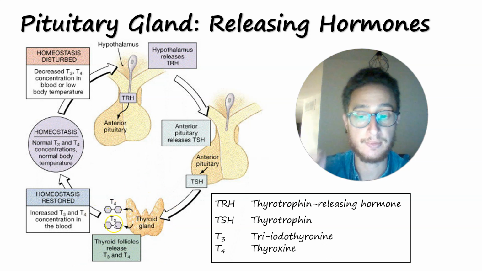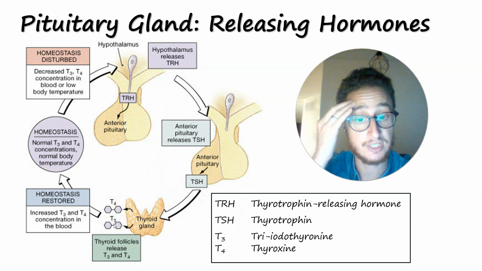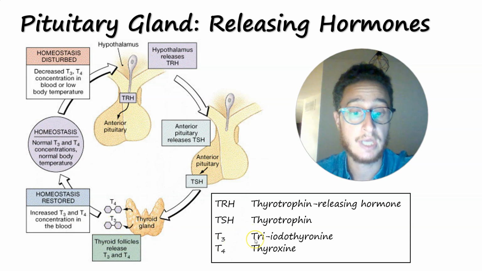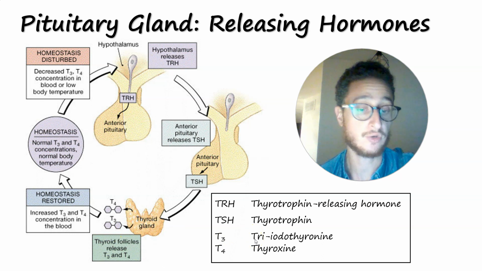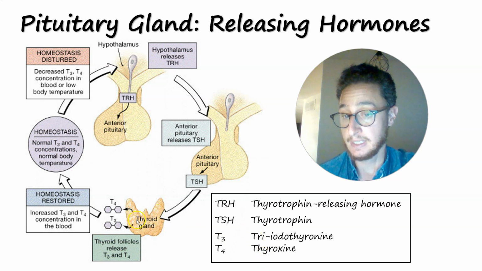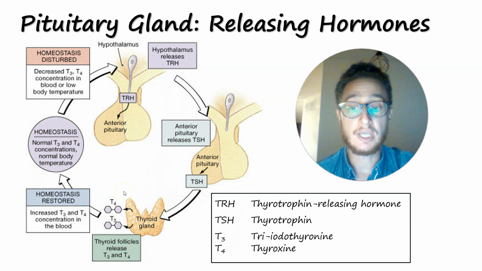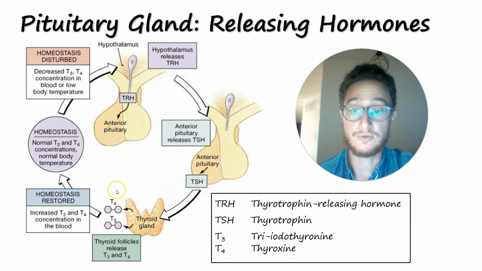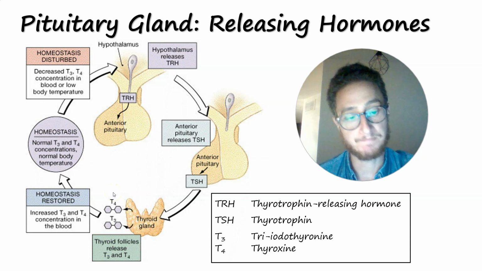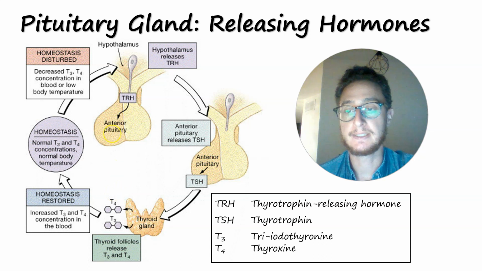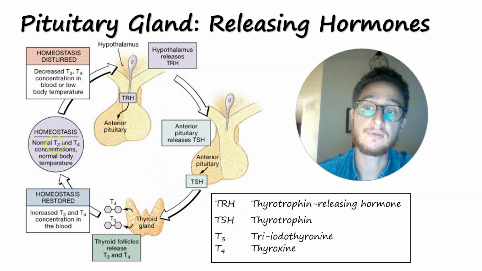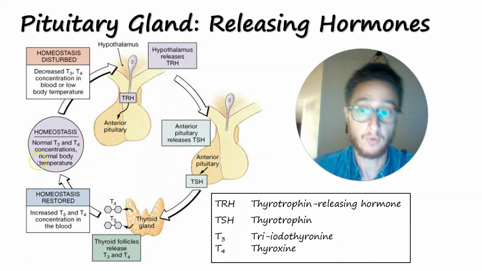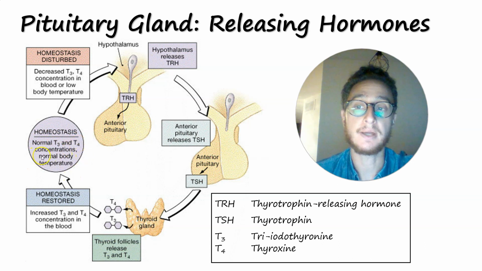And so there's two examples of some hormones that it produces, T3 and T4, which is triiodothyronine and thyroxine. And they each work in slightly different ways, but ultimately they work together to increase the metabolic rate. And so when that happens, we either go back to normal levels of T3 and T4, or we go back to normal body temperature.